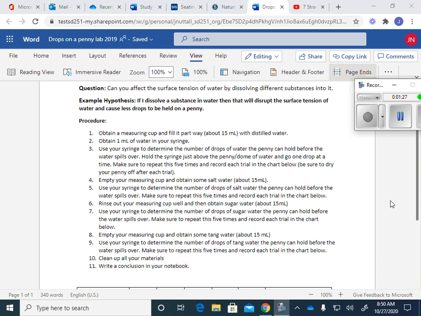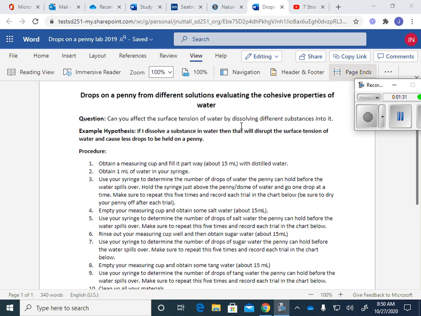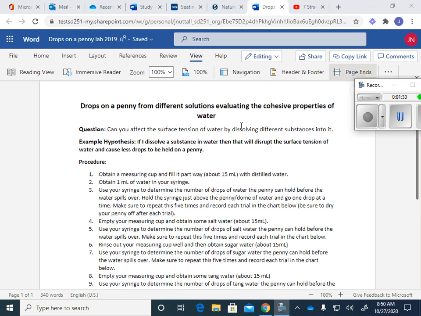In order to start this, we want to start with a hypothesis because we are investigating this question: can you affect the surface tension of water? So we're investigating this question right here.